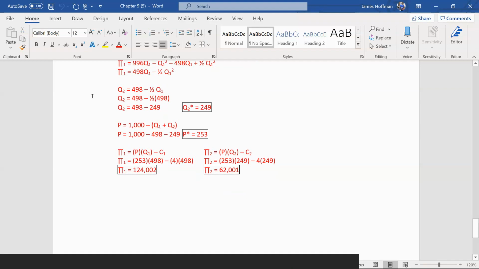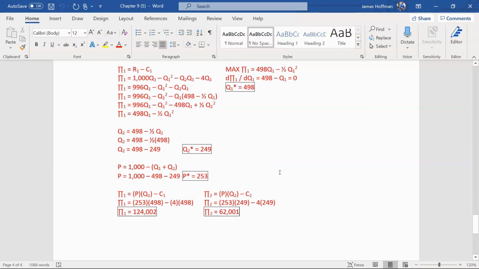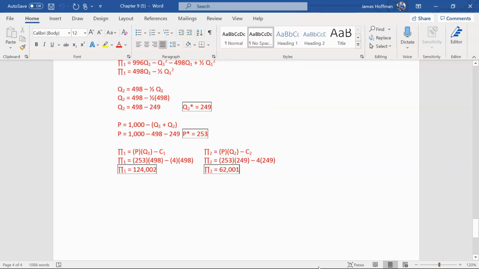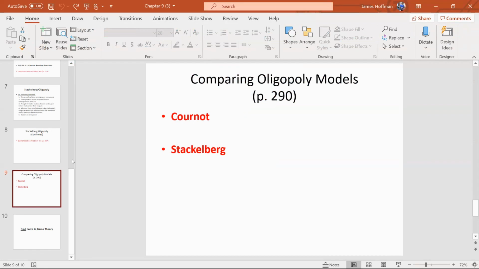Okay, so that's the full analysis of comparing the two, Cournot versus Stackelberg, for this part. Questions on this? We're good.